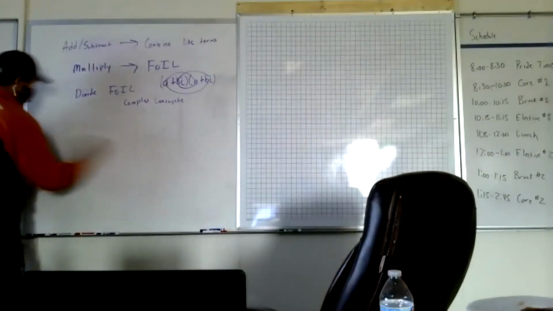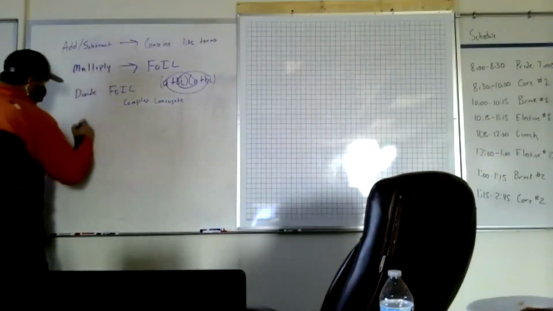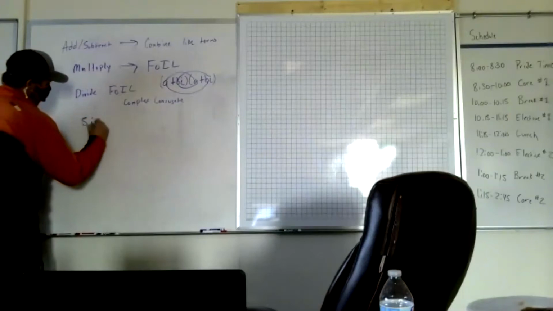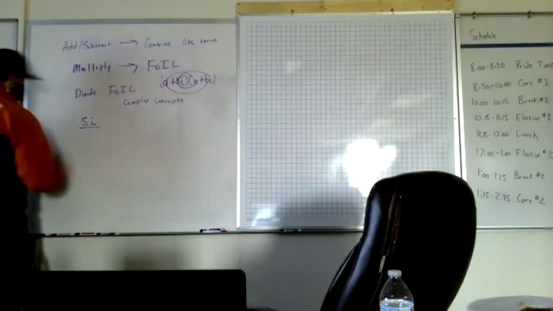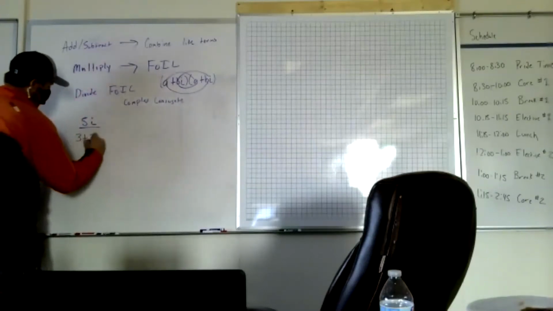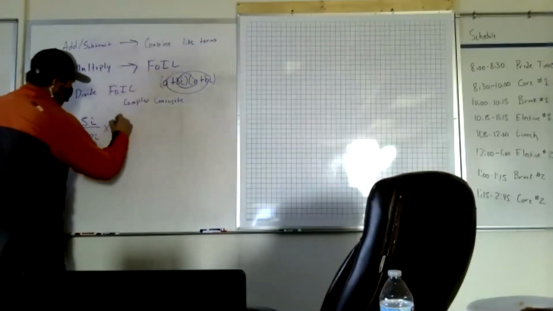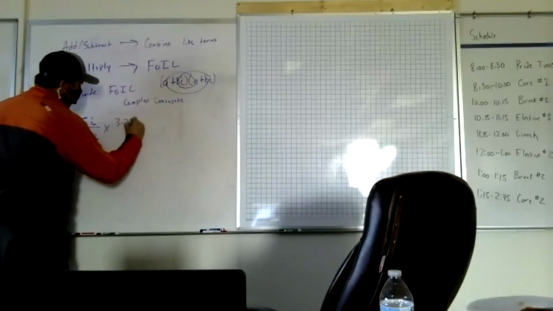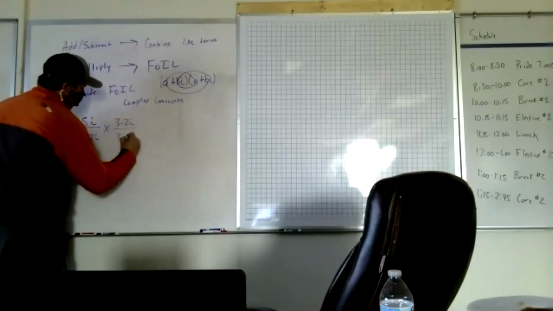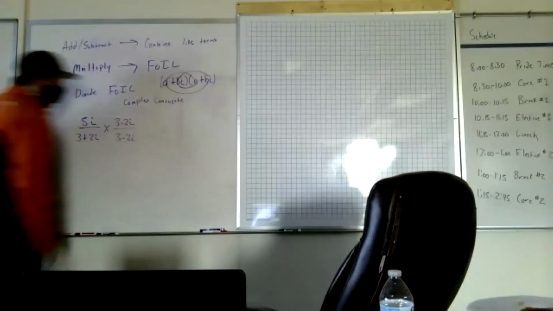Okay, so the question we have is 5i divided by 3 plus 2i, and we're multiplying that by the complex conjugate, which would be 3 minus 2i, for both the numerator and the denominator.